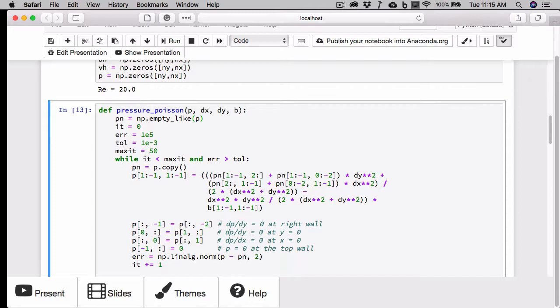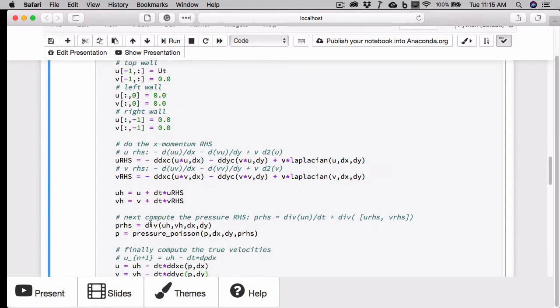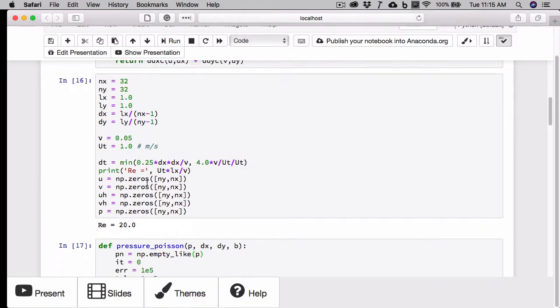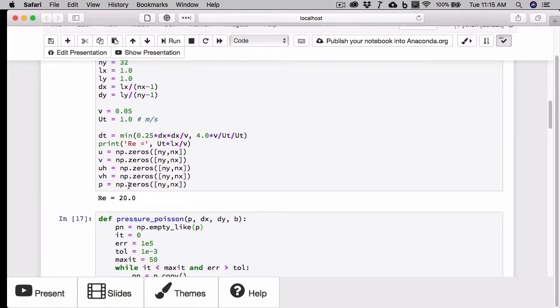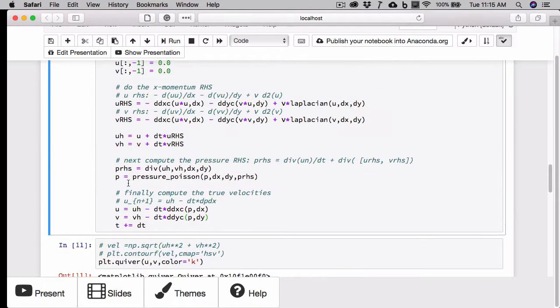Yes? So we initialize the pressure here, and then we're just going to reuse it. Okay?